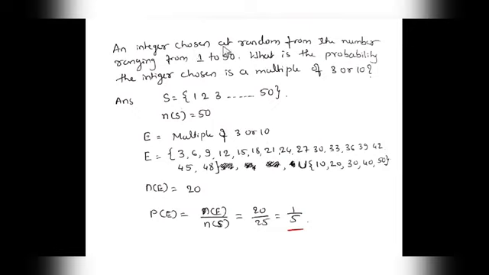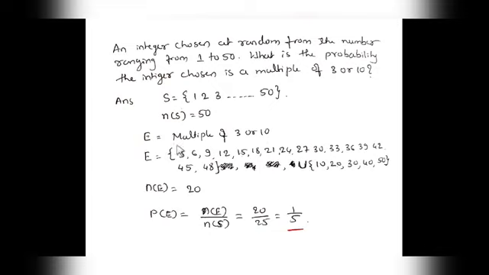An integer is chosen at random from the numbers ranging from 1 to 50. What is the probability that the integer chosen is a multiple of 3 or 10? Now, our sample space is 1 to 50, all the numbers, because they are given. Total number of outcomes in the sample space, that is n of S, is equal to 50.